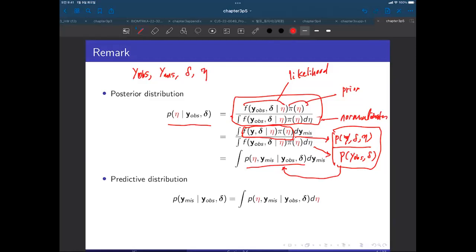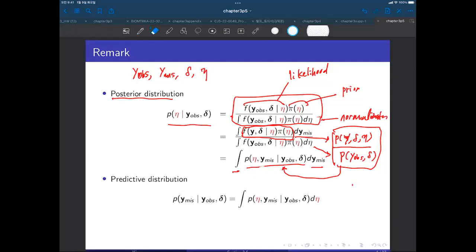So the posterior distribution is a marginal, integrating out the joint posterior distribution. So we can call it joint posterior. Well, that is not real. So okay, let me back up.